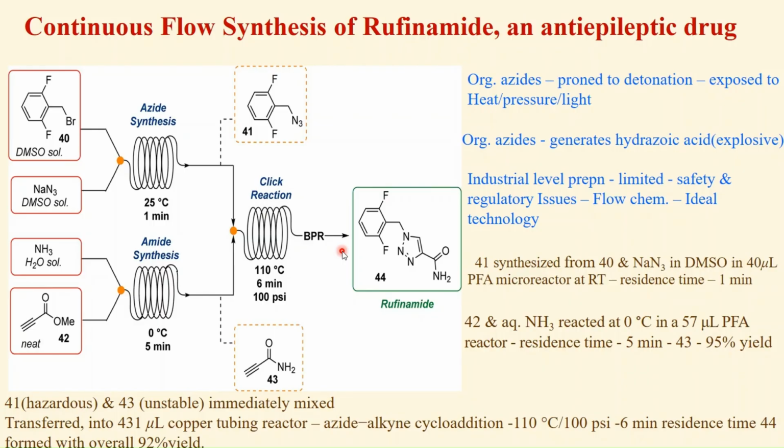That's why it is safe, and hence overcomes the regulatory issues. A reaction which is very difficult to carry out can be achieved by continuous flow system in a safe and efficient manner.